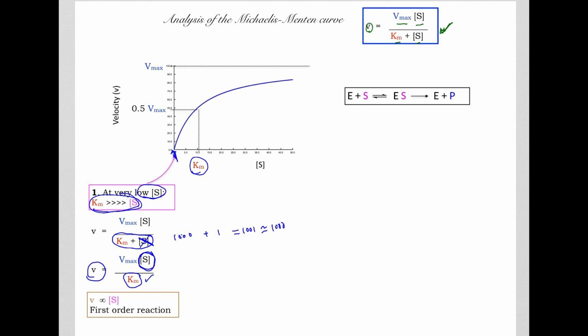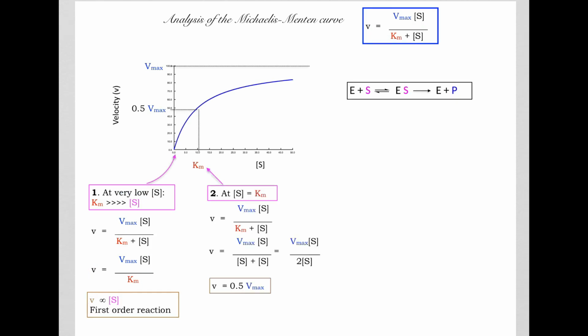When the velocity is directly proportional to the substrate concentration, this is called a first order reaction. So at low substrate concentration, we have a first order reaction. What happens if the substrate concentration is exactly equal to Km? Well, then we simply substitute S for Km in this equation.